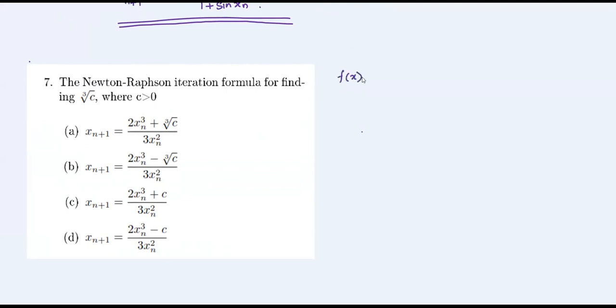Choose f of x as x cube minus c. f dash x will be 3x square. So Newton-Raphson's iterative step, xn minus f of xn by f dash xn.